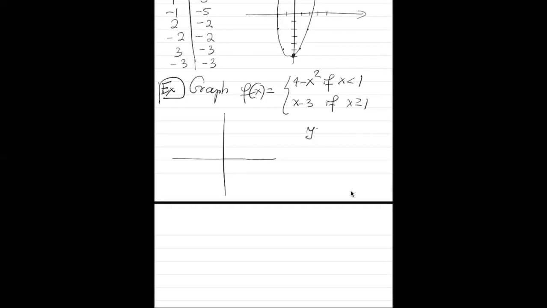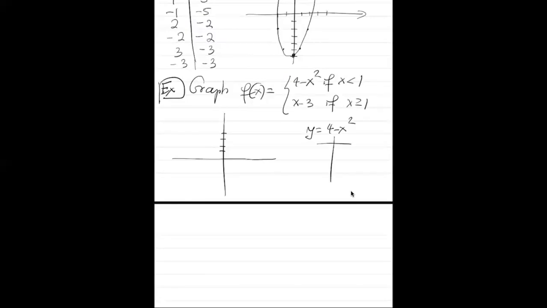So y equals 4 minus x squared is going to be a parabola that opens down. In fact, I can do this right away. 1, 2, 3, 4. So it opens down, but we need to graph it for x less than 1.